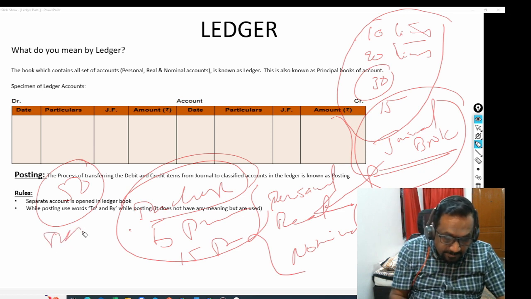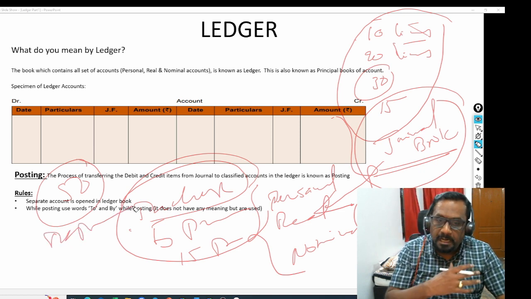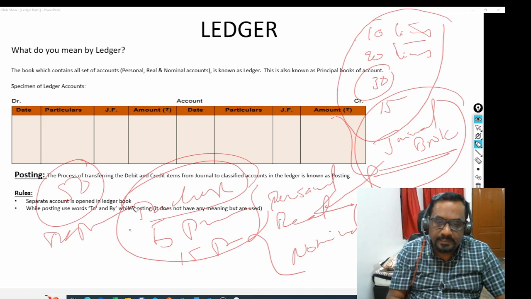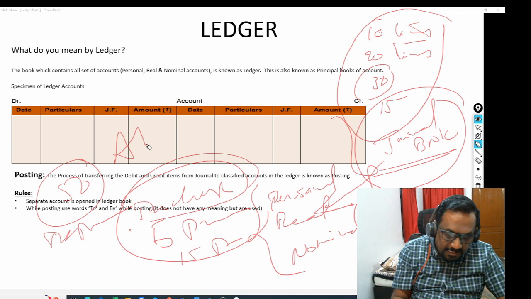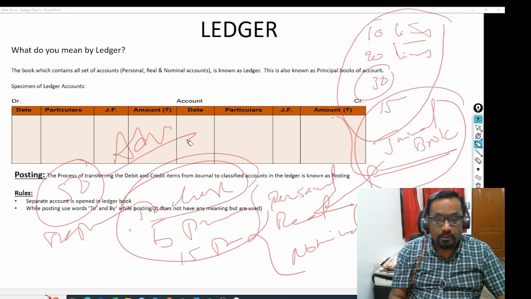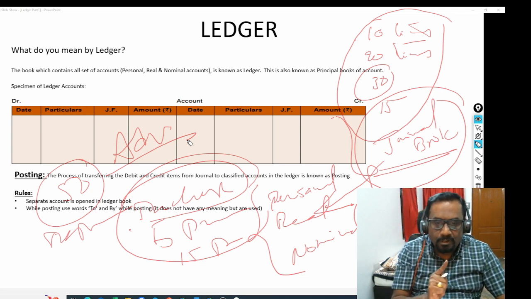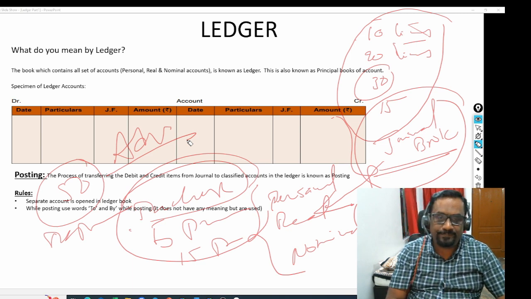I have a repairs and maintenance nominal account. Hundreds of transactions are there in repairs and maintenance. You can maintain one repairs and maintenance account. You have advertisement expenditure, different advertisement expenses you paid. You can have one advertisement account. So for each account, you have to maintain one account.